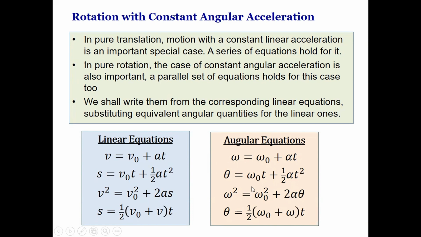Wherever there was acceleration a, it is now the angular acceleration. So the similarity is tremendous, and we can have the equivalent quantities in the angular kinematics. We will use these kinematic equations for rotational motions, as we have been using the linear kinematic equations for translational motions.